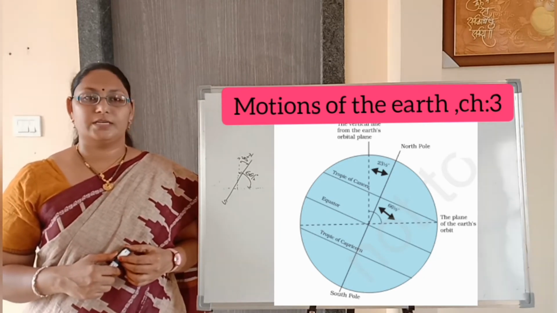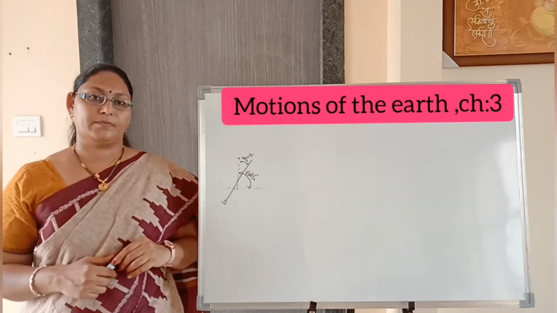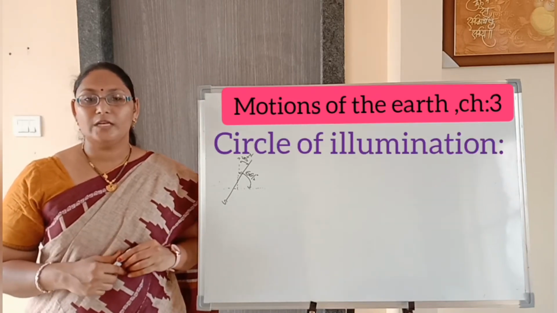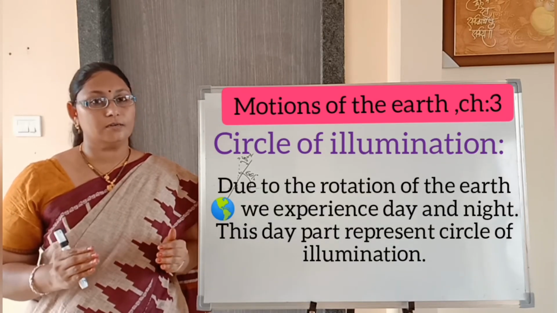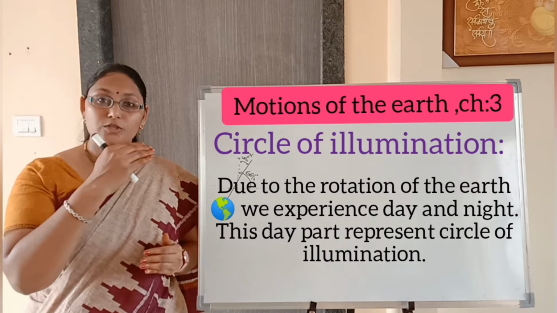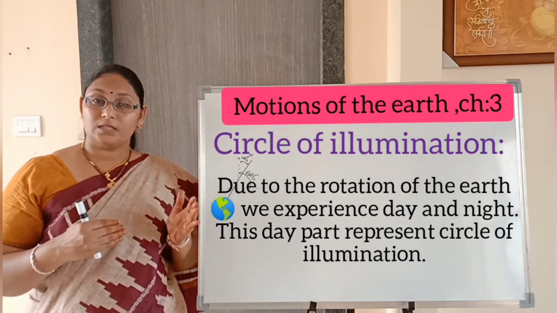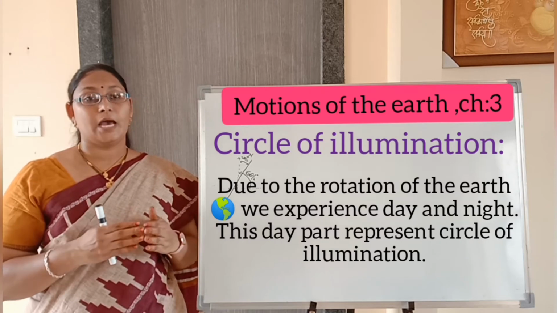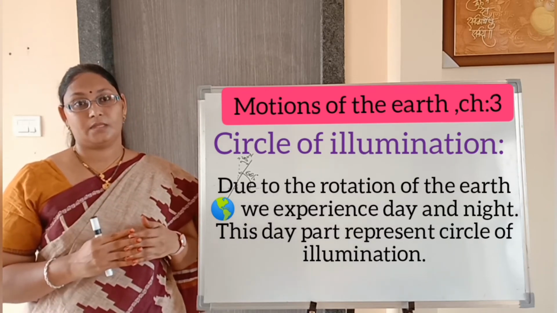Now we need to discuss the circle of illumination. What is the circle of illumination? Because of the spherical shape of the earth, or round shape of the earth, half of the earth is getting daytime and the remaining half of the earth is getting nighttime.